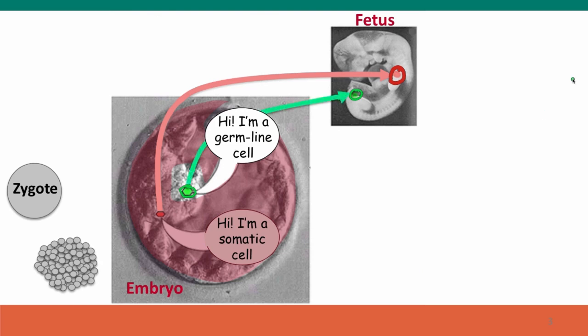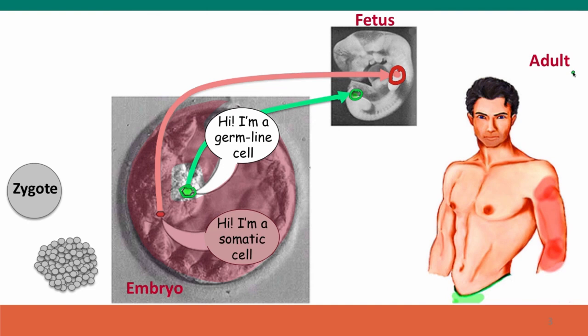Then in the mature adult, a particularly handsome specimen of adult here, all of the somatic tissues, the head, the arms, the torso, the legs, came from the somatic cells.